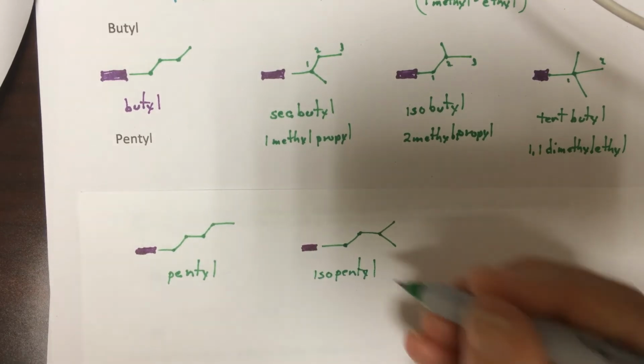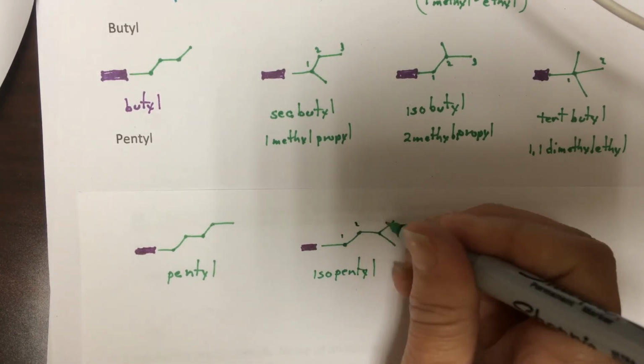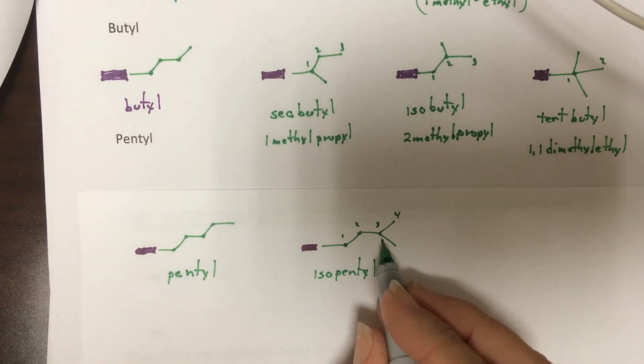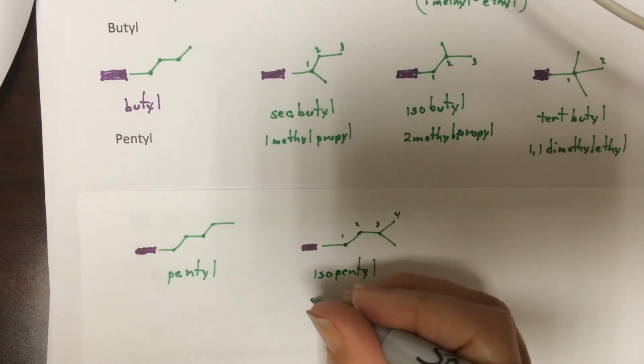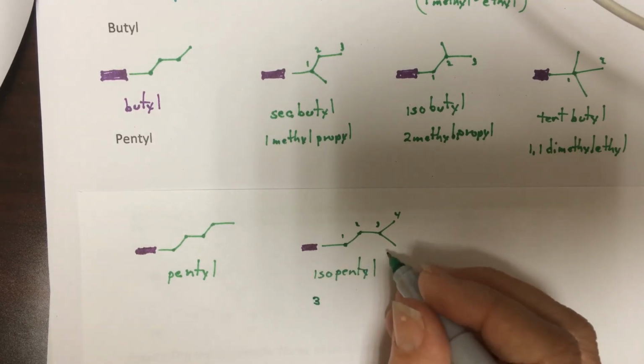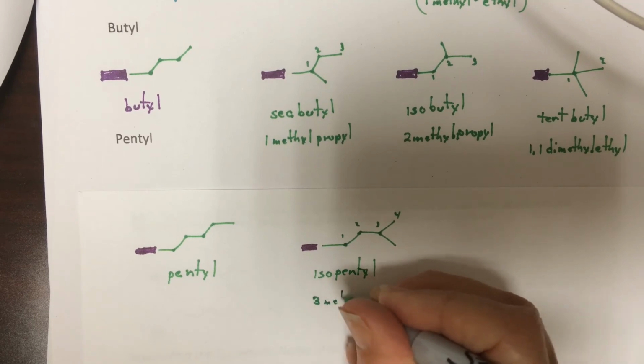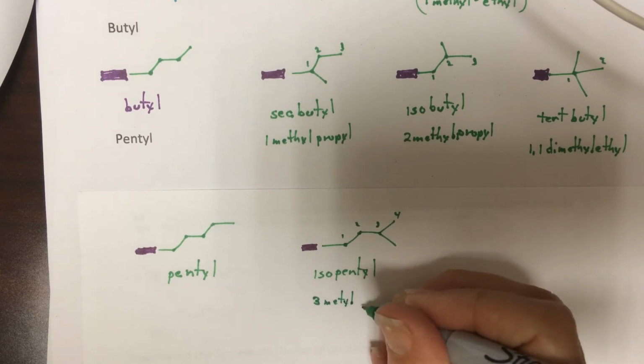If we wanted to name this with the official naming system, we'd put numbers on this, and we'd say we have a methyl branch on the 3rd carbon. So this would be a 3-methylbutyl.